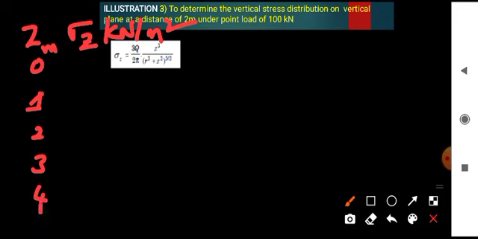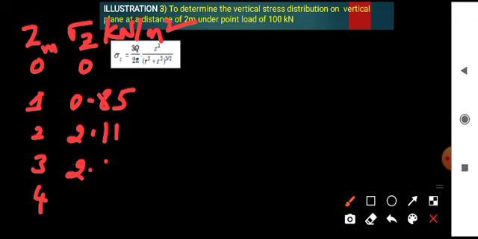Corresponding values of sigma z are 0, 0.85, you can verify this after substituting the values of z in the equation. Then for 2 it will be 2.11, for 3 it is 2.10, and for 4 it is 1.7. So these are the set of values, the magnitudes of vertical stress corresponding to the z value.